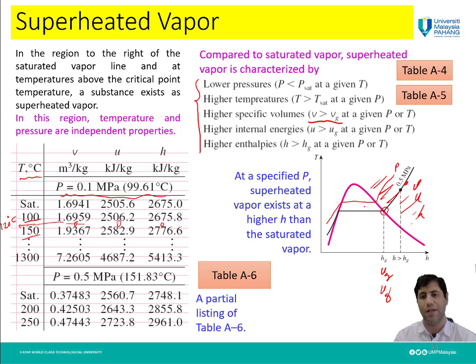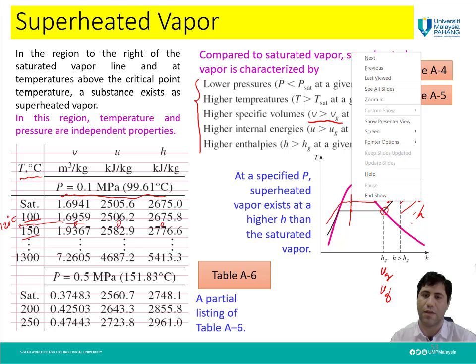If you remember, the lines for different pressures had a similar trend. The only difference was in the length of this phase change process, or the change in the specific volume or here the specific enthalpy. So if we just draw a line like this, you can see here like this.